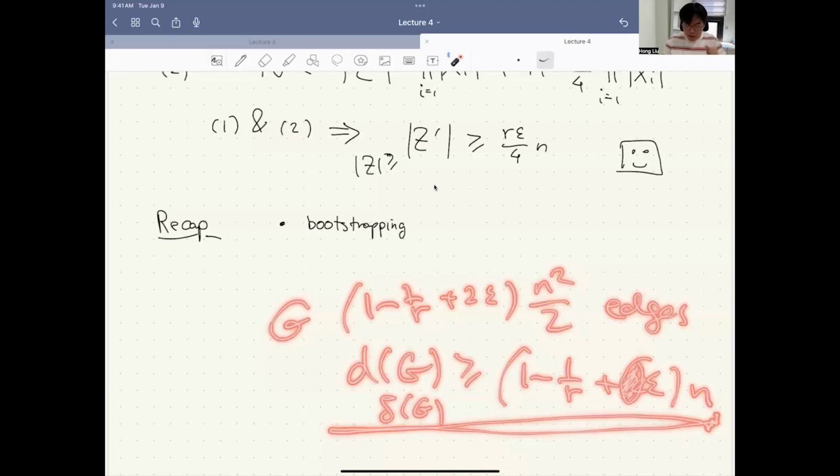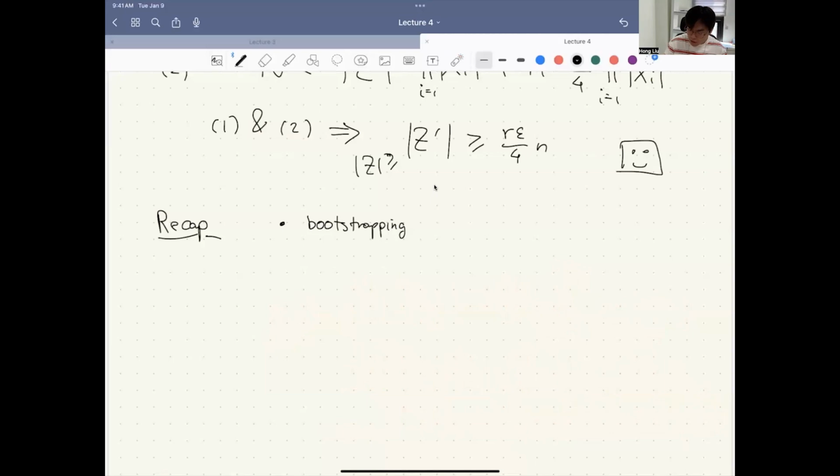So this is what I mean, bootstrapping an average degree condition to a minimum degree condition. And then we work completely with the graph with high minimum degree.